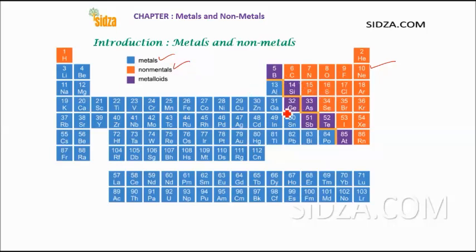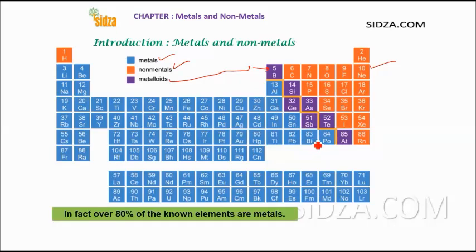In between the metals and non-metals, we have the metalloids. About 80% of the elements are metals. So that means most of the elements that we find around us are metals, and fewer elements are non-metals, and very few elements are metalloids, but most of the elements are metals. Correct?